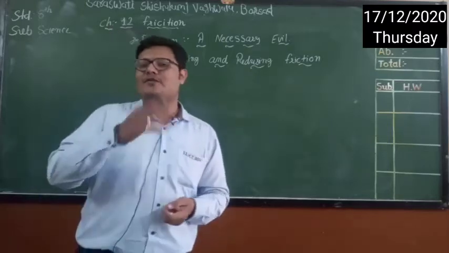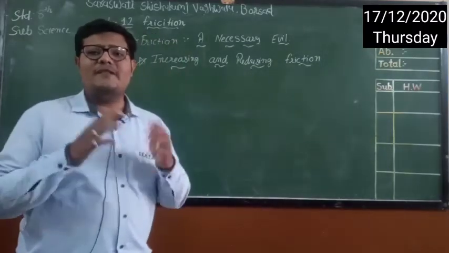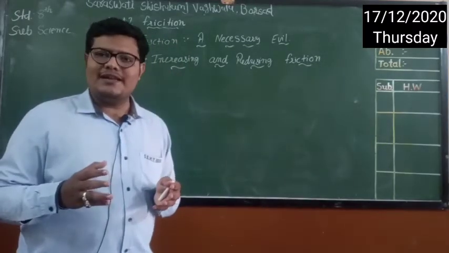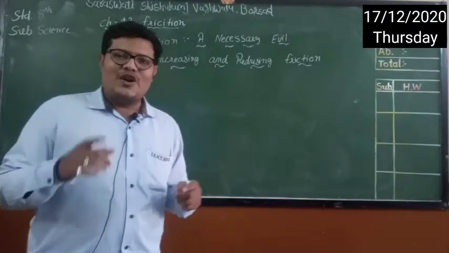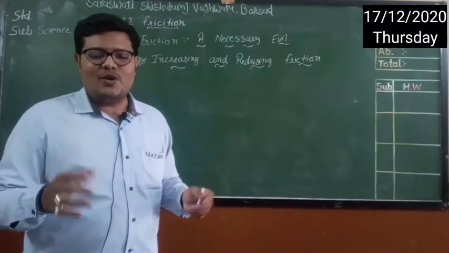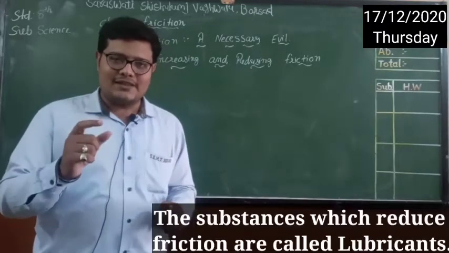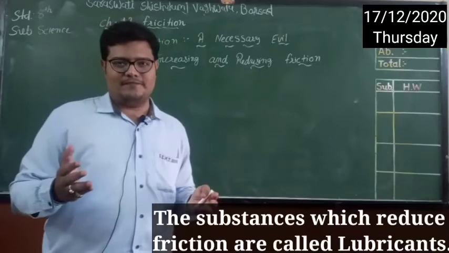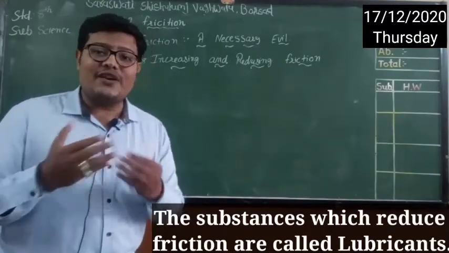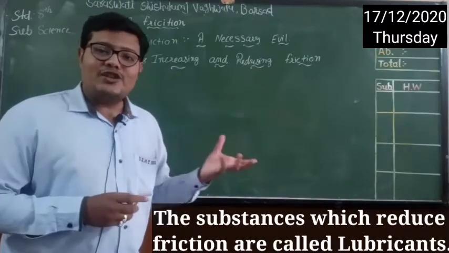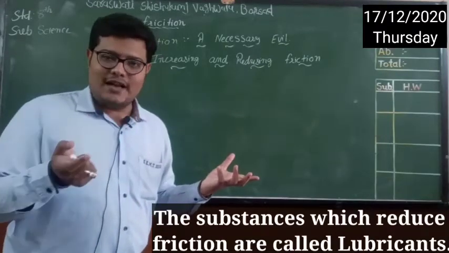Okay, let me give you one more example: we are using different oils, or we can say lubricants, in our motor vehicles like bikes and cars. Don't be surprised, you are thinking what are these lubricants? So lubricants are substances that reduce friction. In the case of the carom board, that powder is a lubricant.